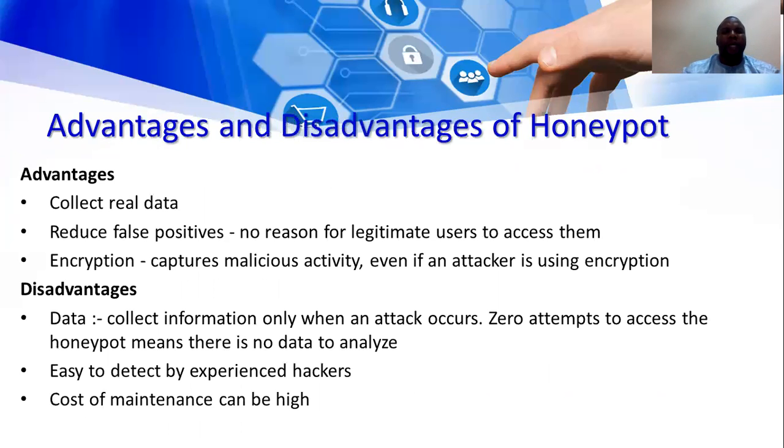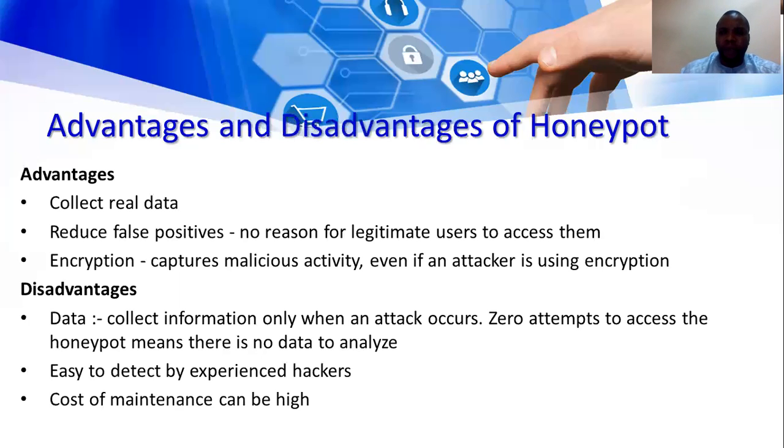And then a honeypot can help us to reduce false positives, because it is believed that legitimate users have no need to contact this honeypot device or honeypot system that is deployed. So the legitimate users have no reason to contact them. If you contact a honeypot, then we know that you are likely to be an attacker. So this reduces the false positives.